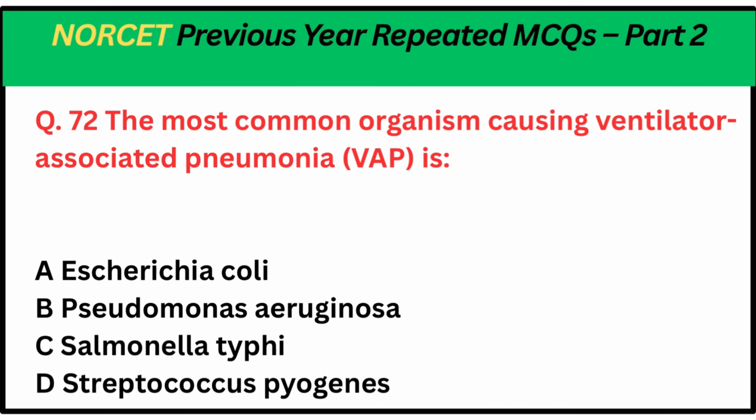The most common organism causing ventilator-associated pneumonia or VAP is... Your correct option is option B, Pseudomonas aeruginosa. Moving to the next question, question number 73.